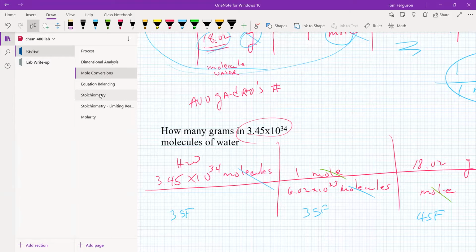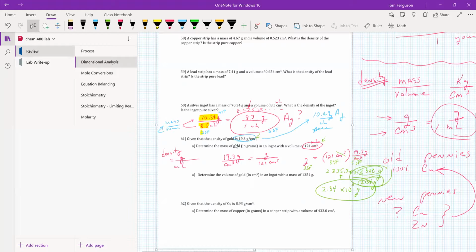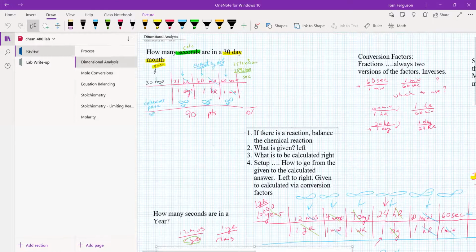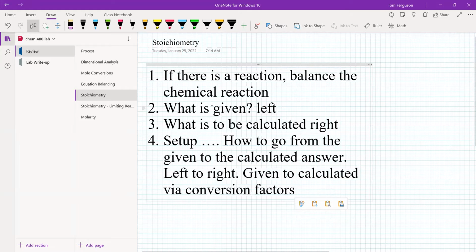Now we are going to cover, let's see, I have another probably 45 minutes more to talk. What I want to do is talk about stoichiometry. Okay, these are the 4 steps.